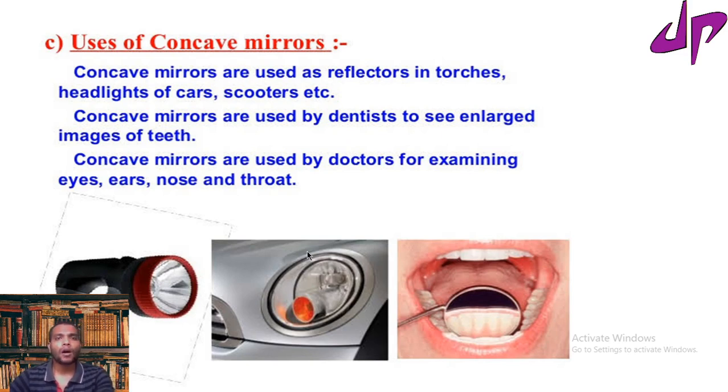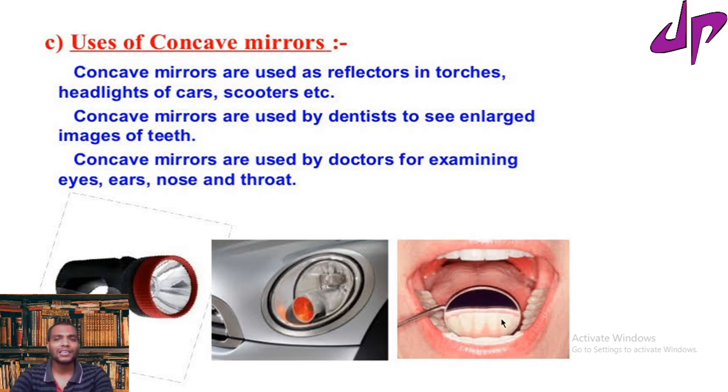Concave mirrors are also used by dentists to see an enlarged image of teeth. If you want to see the upper tooth, place a concave mirror below it, since a concave mirror forms an inverted image, and not only that, it forms an enlarged image.